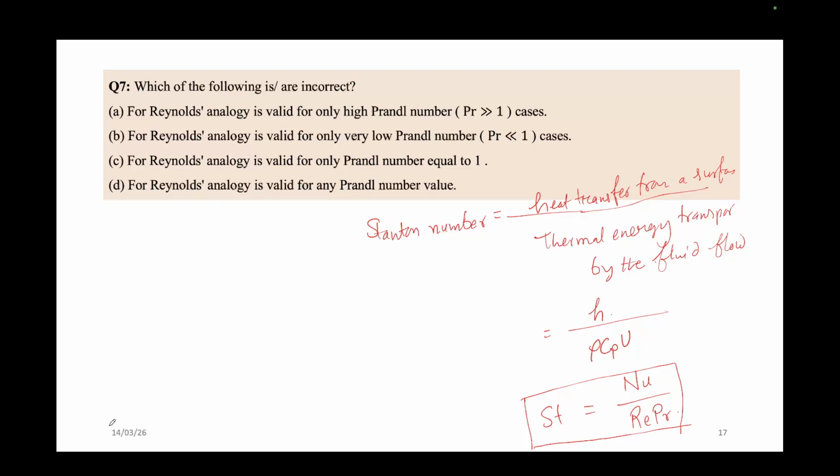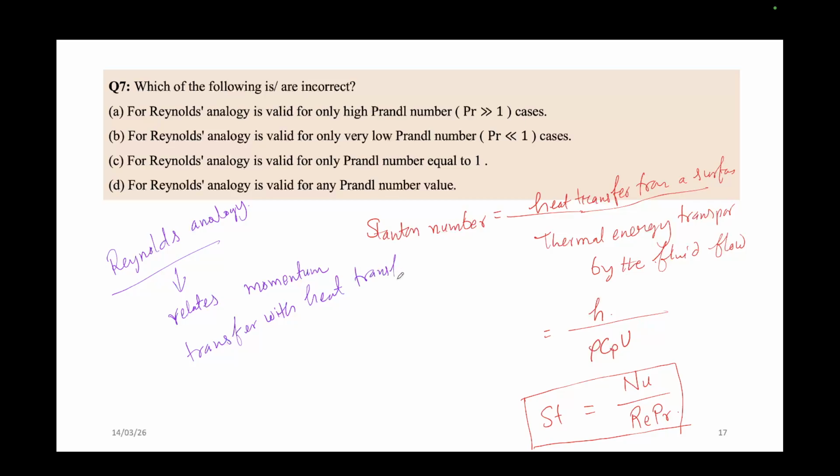Now the concept is the Reynolds analogy. It basically relates the friction, or momentum transfer, with heat transfer in turbulent flow.